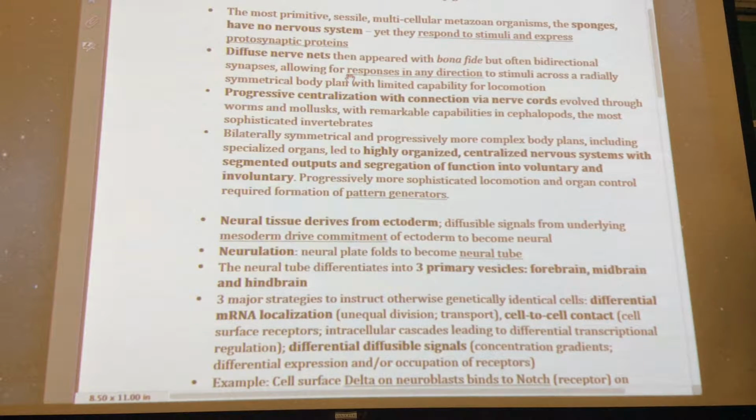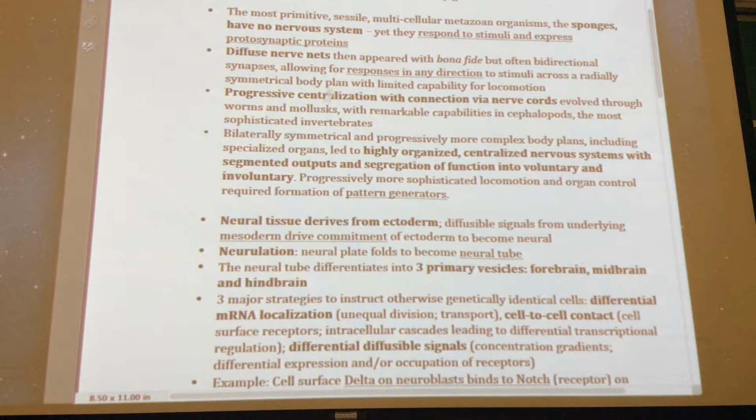So stimulation evokes activity across the system in any direction. They have limited capacity for locomotion. In some regards it seems quite elegant, but it's not directed, it's not doing anything that's really task-oriented.